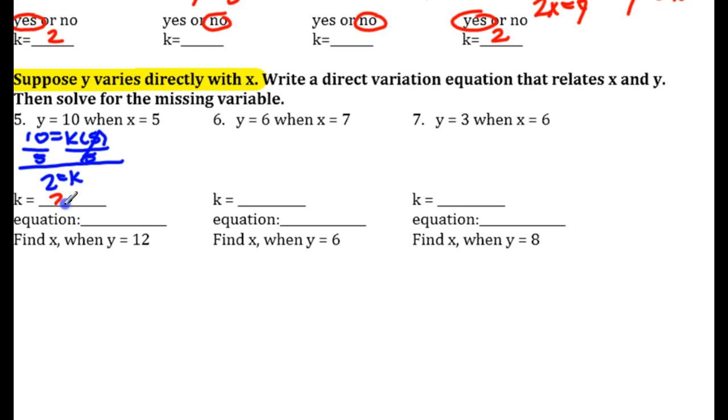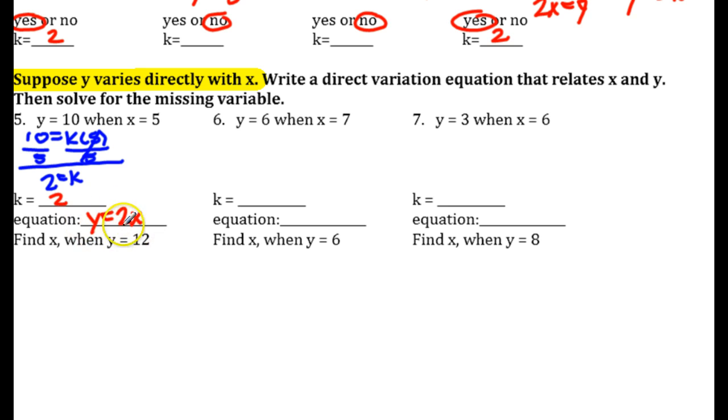So my first step was finding my k. So what am I going to do with the k? Now when they say write the equation, technically y equals kx is not the equation. That's just the formula. The equation is when you have the k. So my new equation is y equals 2x. Okay, now that I have my k, it's an official equation. Now I'm going to go to my last part. Now it asks us to find x when y equals 12.